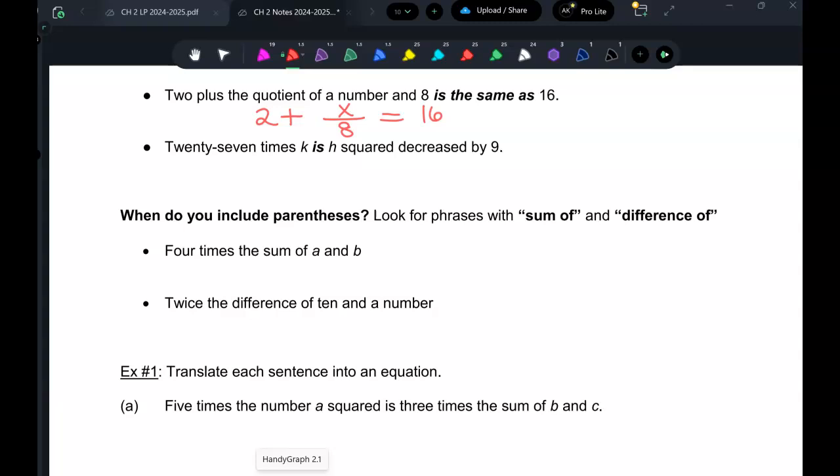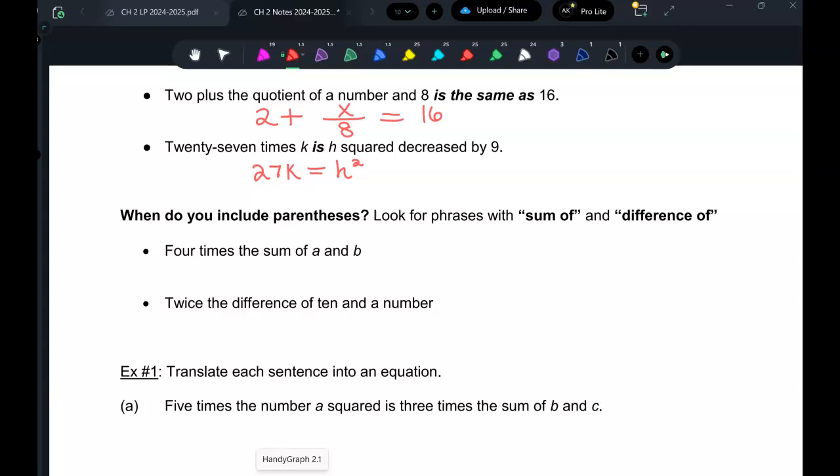Okay, what are we doing? All right, 27 times K. K is H squared.